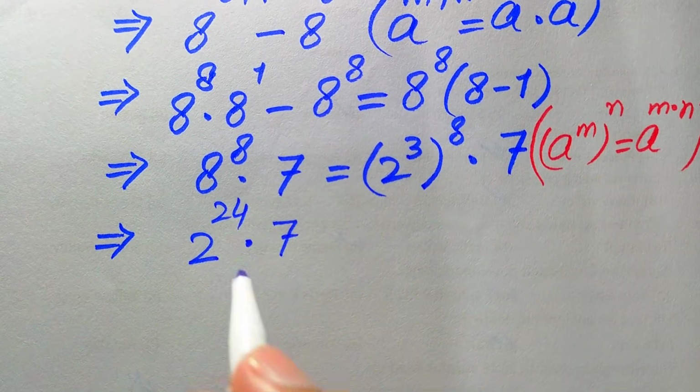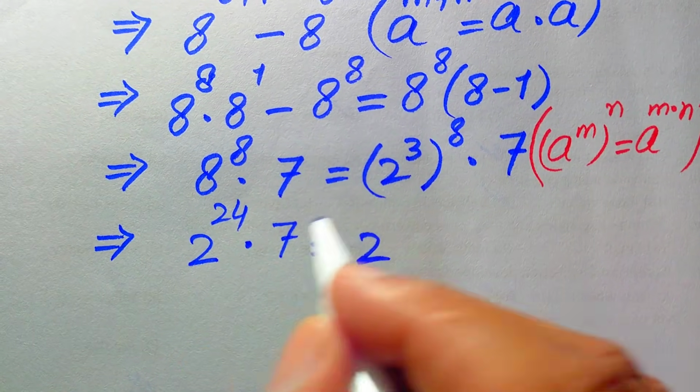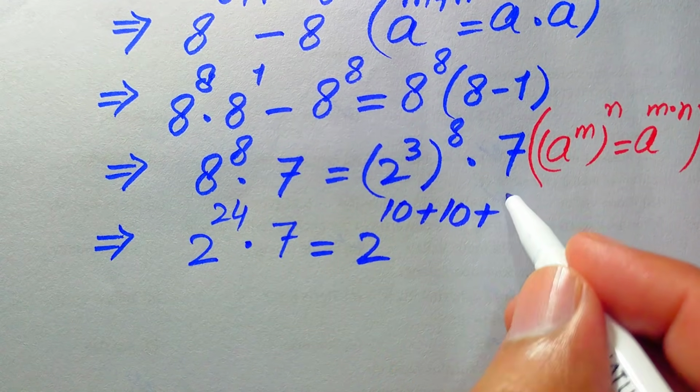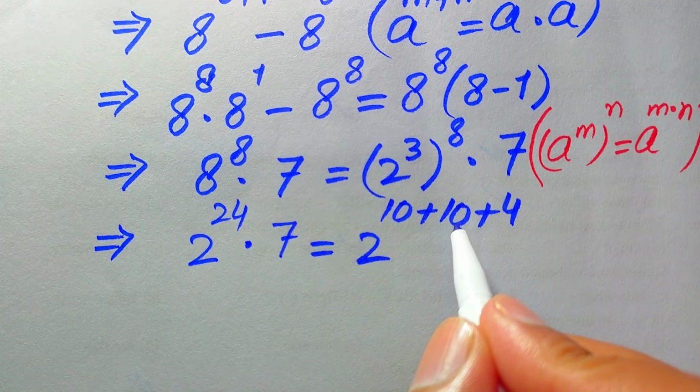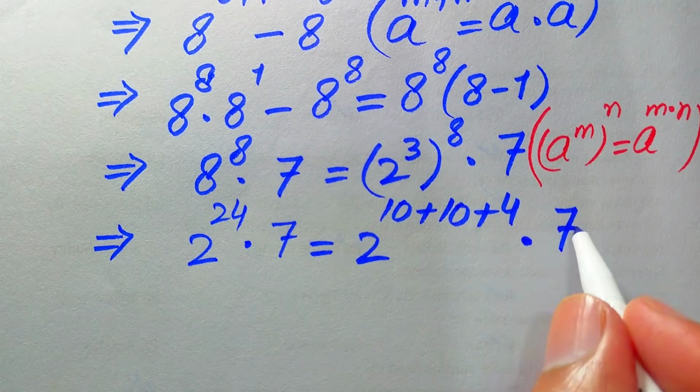And here we again break this exponent 24 as 10 plus 10 plus 4. We know that 10 plus 10 is 20, and 20 plus 4 becomes 24, and it is multiplied by this 7.